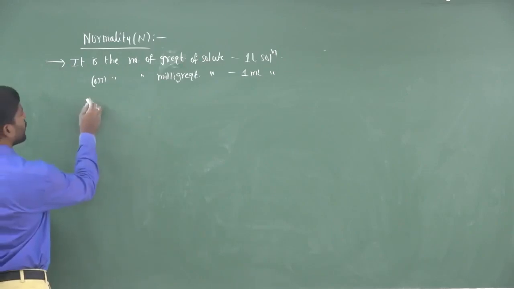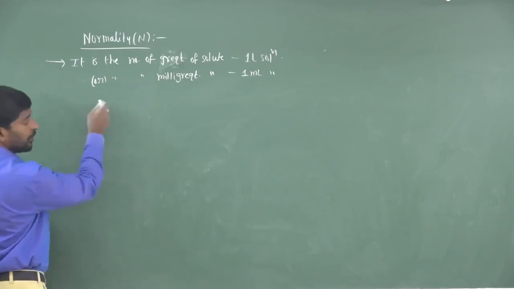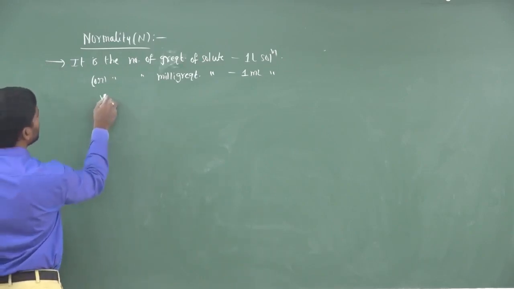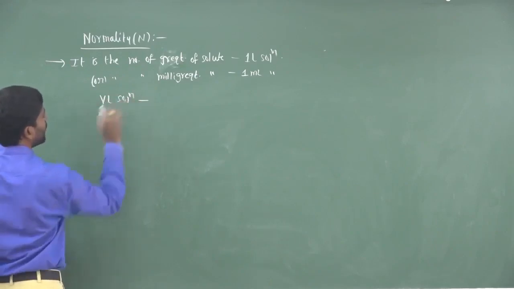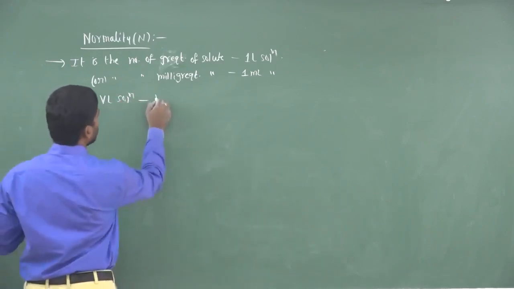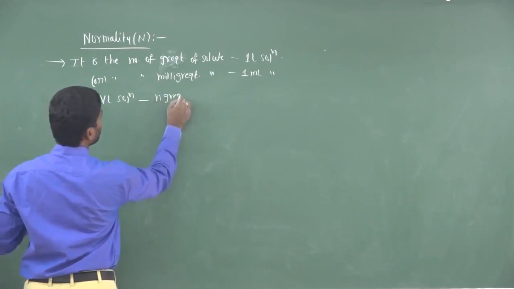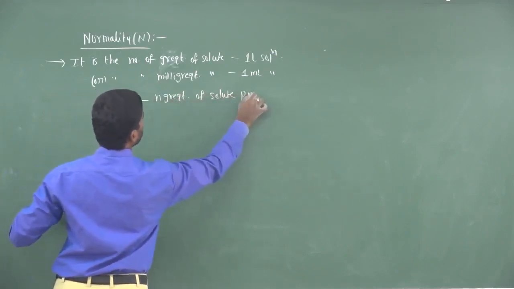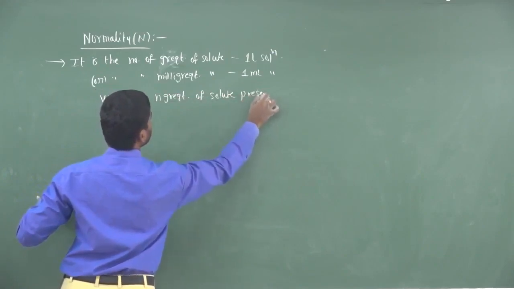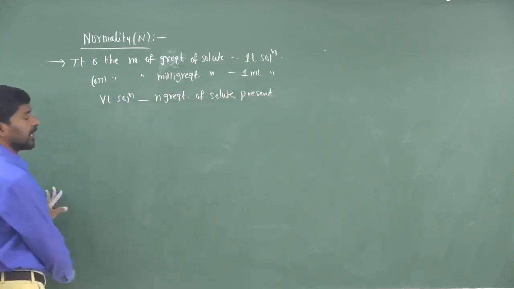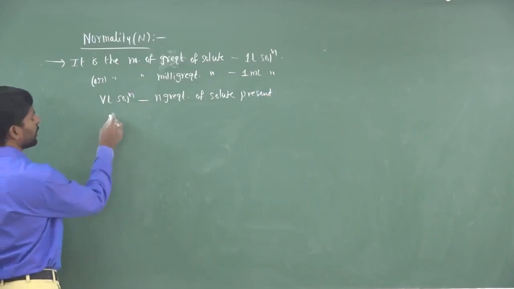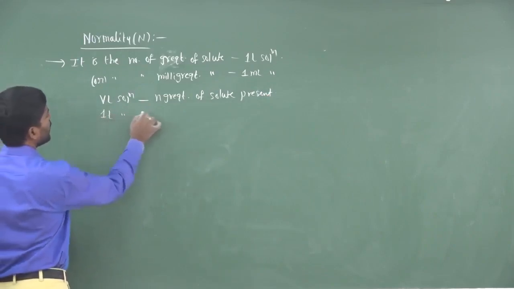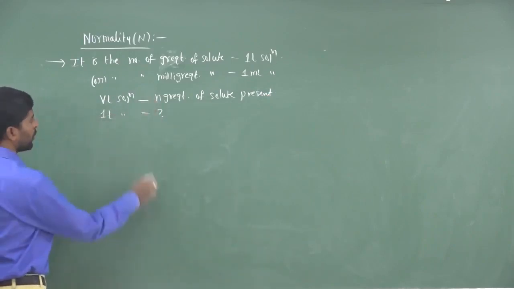So the formula for normality. For example, in V liter solution, n gram equivalents of solute are present. Then what about in 1 liter solution?